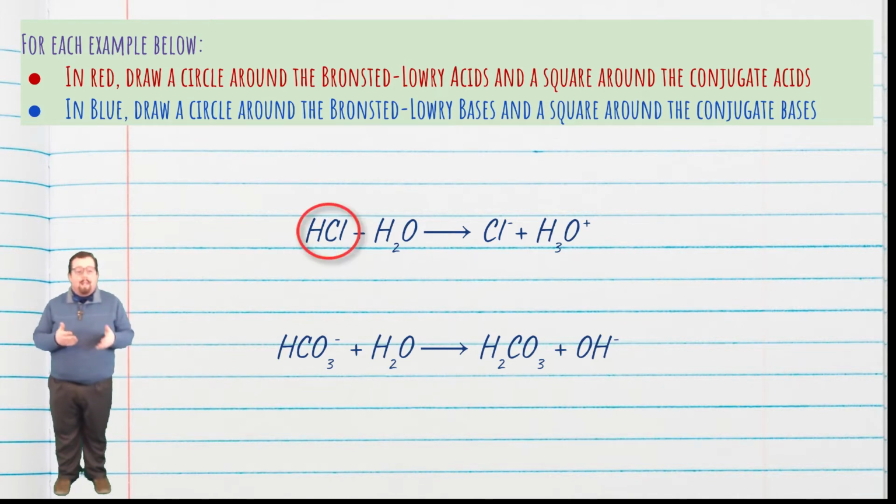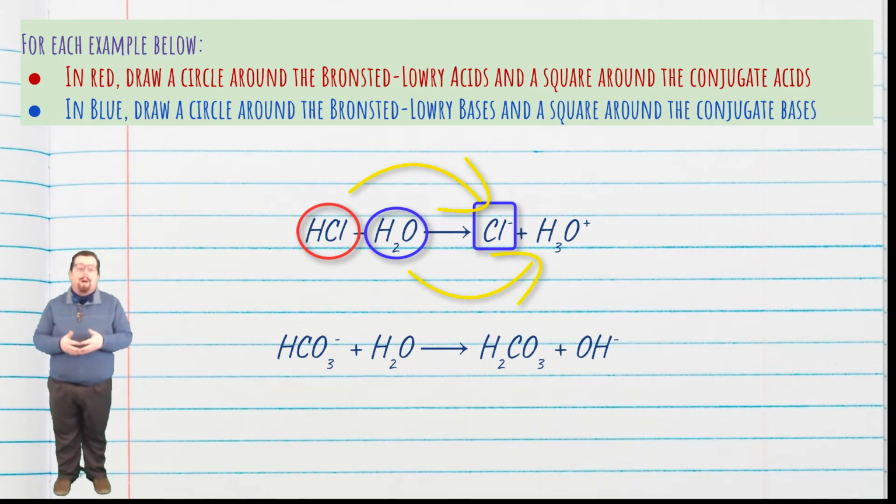That makes it the acid. Water accepts that proton, making it the base. When HCl, the acid, loses its proton, it forms Cl negative. That would be our conjugate base. When water, our base, accepts the proton, it makes H3O+, the hydronium ion, which is the conjugate acid.